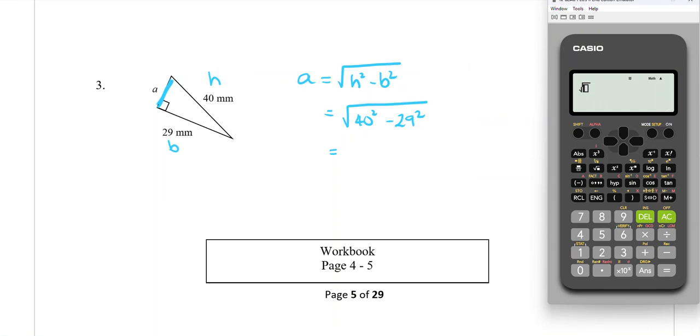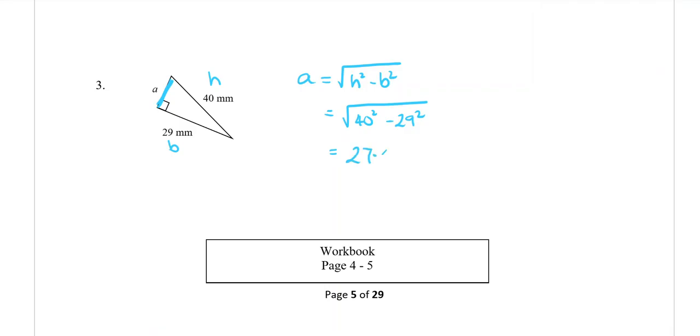Typing it in, square root 40 squared minus 29 squared is, we'll have to round this one. I'm going to do 1 decimal place, so it will be 27.5 millimetres.